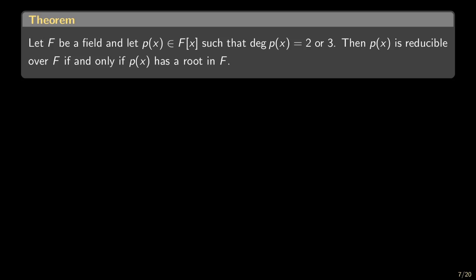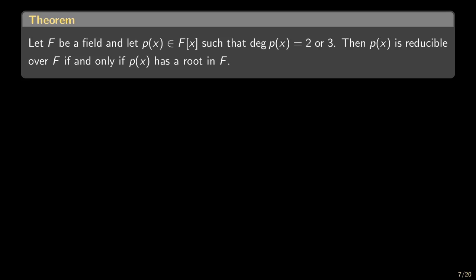So here, F is a field, p of x is a polynomial whose degree is at most 3. So, only quadratic or cubic. So, hindi na ito covered yung mga polynomials of degree 4 and up. Then, p of x is going to be reducible over F if and only if. So, this is a necessary and sufficient condition for reducibility.